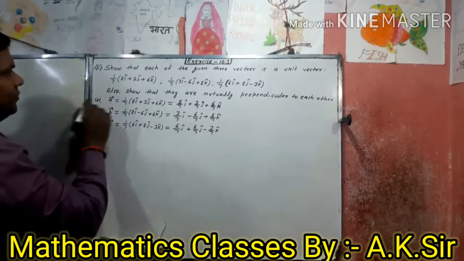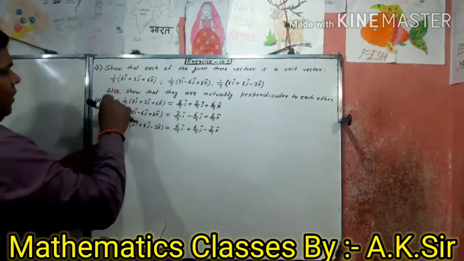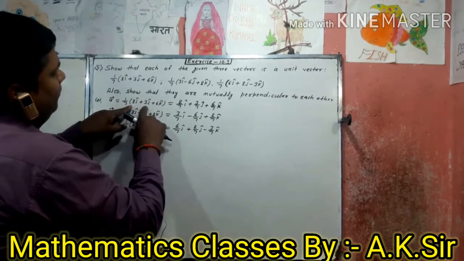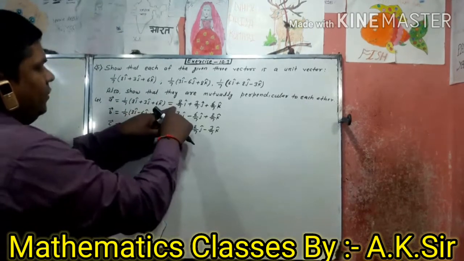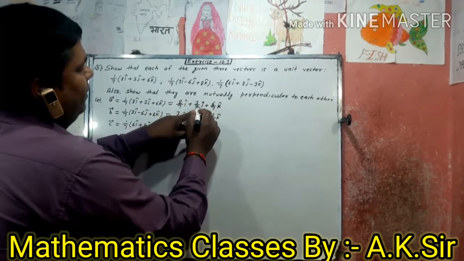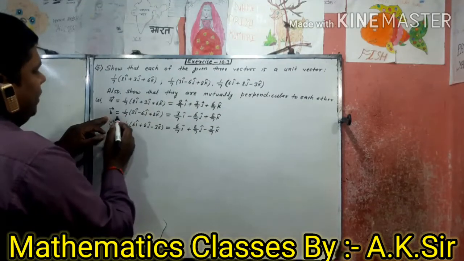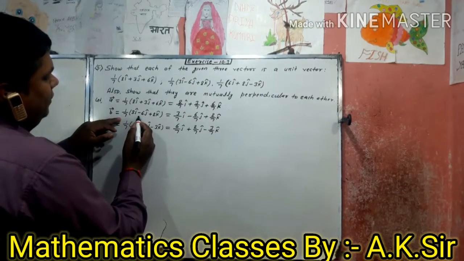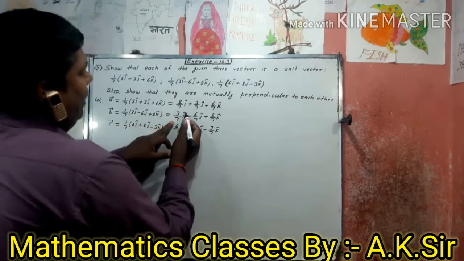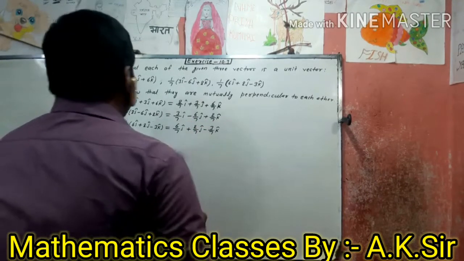Next, question 5. Show that each of the given three vectors is a unit vector. Let A vector be 1 by 7 into 2i cap plus 3j cap plus 6k cap, which is 2 by 7 i cap plus 3 by 7 j cap plus 6 by 7 k cap. Also B vector is 1 by 7 into 3i cap minus 6j cap plus 2k cap, which is 3 by 7 i cap minus 6 upon 7 j cap plus 2 by 7 k cap.